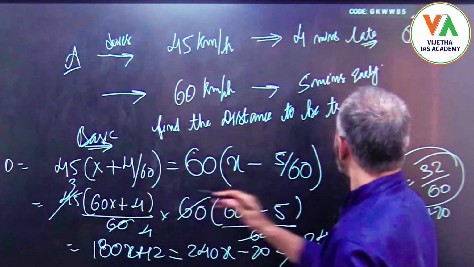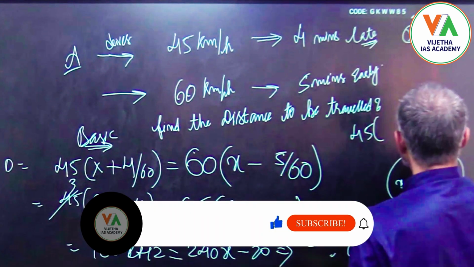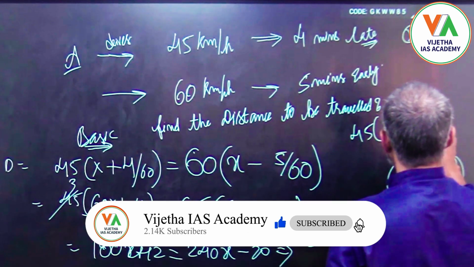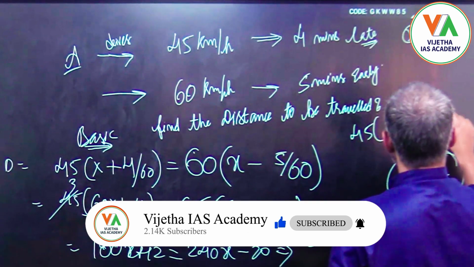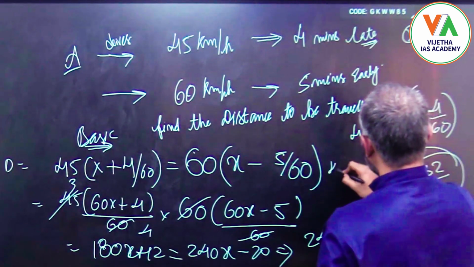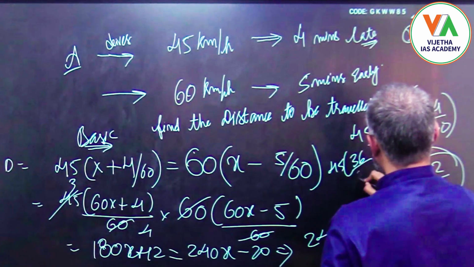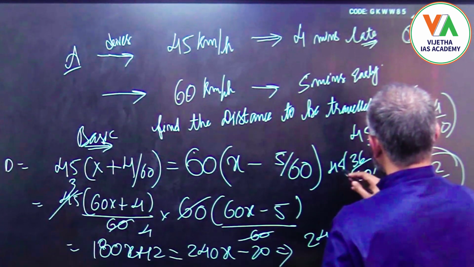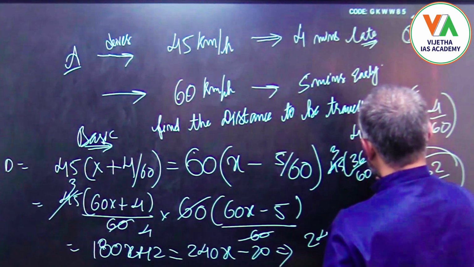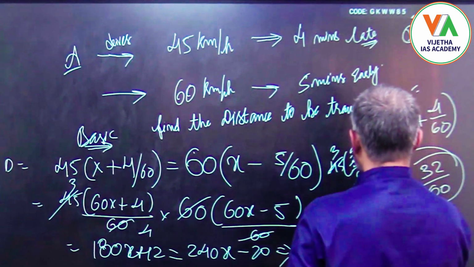And the distance is 45 into x, which is 45 into (32 by 60 plus 4 by 60). So, if you see, 45 into 36 divided by 60, this goes for 4s are 60, 4 9s are 36, we get 27.